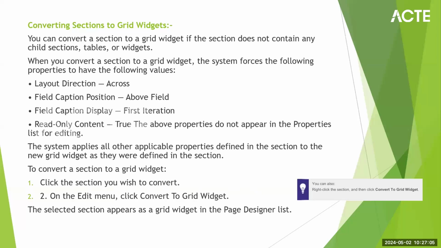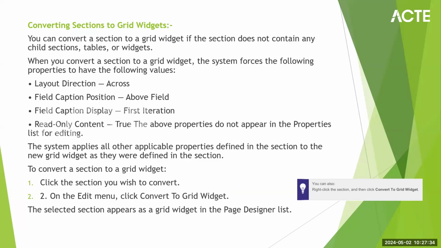Converting sections to grid wizard. You can convert a section to grid wizard if the section does not contain any child sections, tables, or widgets. You understood, right? If it is only a single section, then you can convert that to a grid wizard.